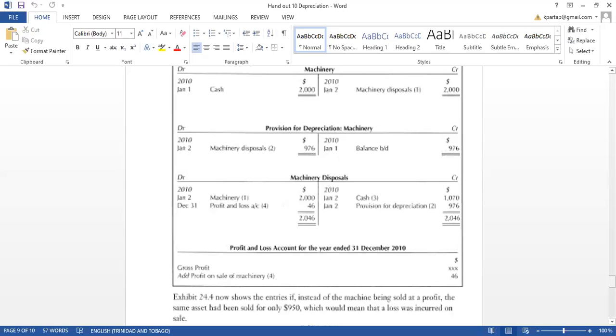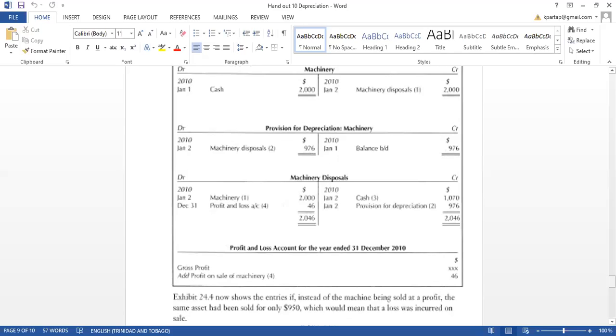To balance it now, we're ignoring this December 31st profit and loss right now, right? We're looking at the 2,000. On the credit side, we have a total of 2,046. So we need to put an entry to balance it off. So December 31st profit and loss, $46.